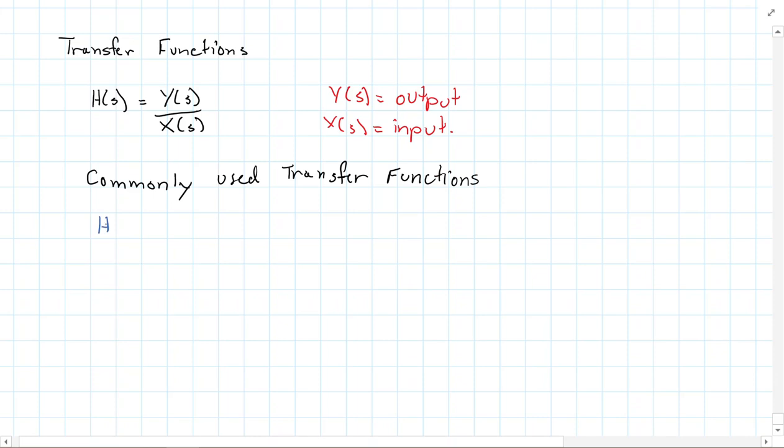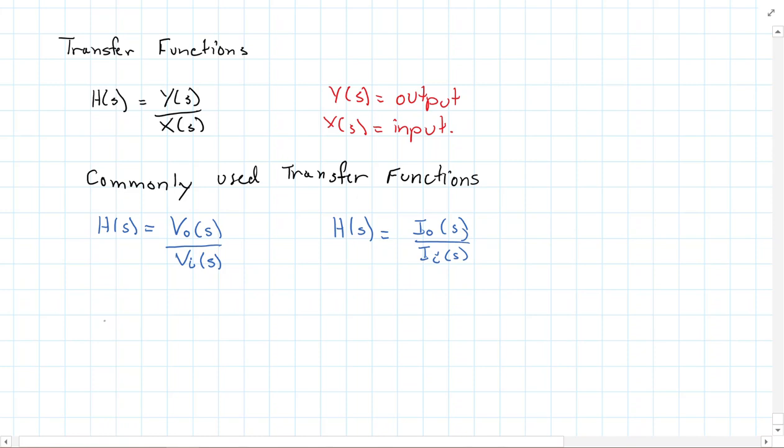We have H(s) being some output voltage over some input voltage, or another common one is some output current over some input current. Those are probably the two most common ones that you would encounter, but there are applications for other ones.